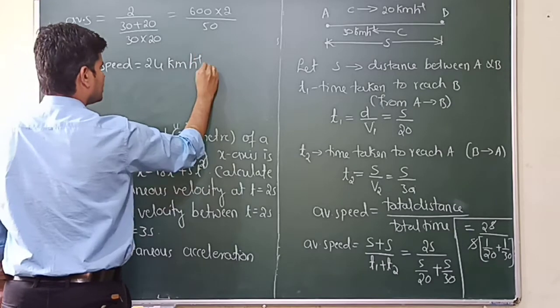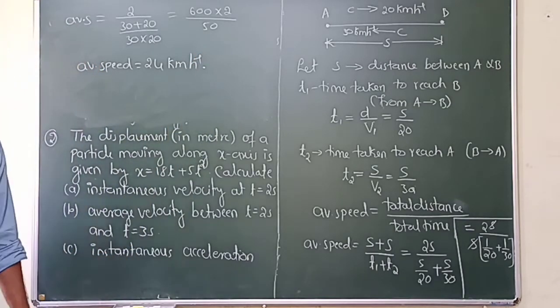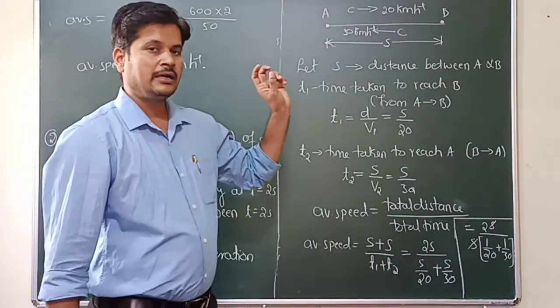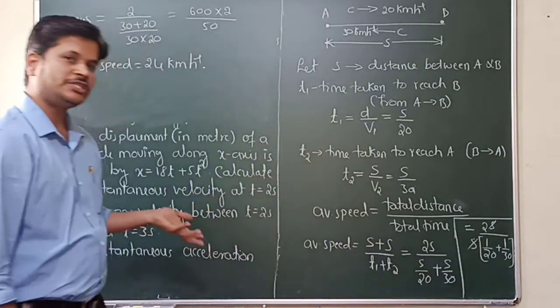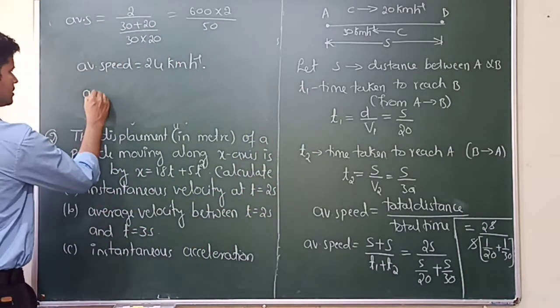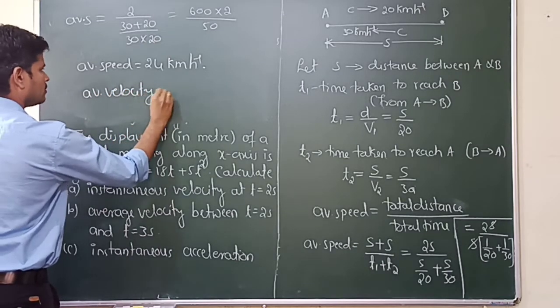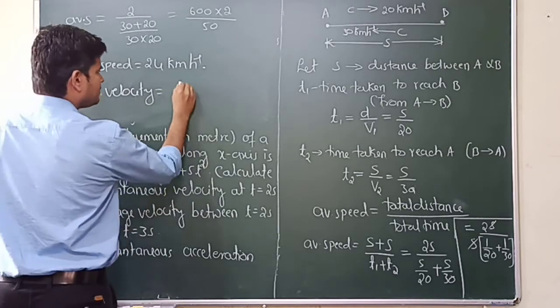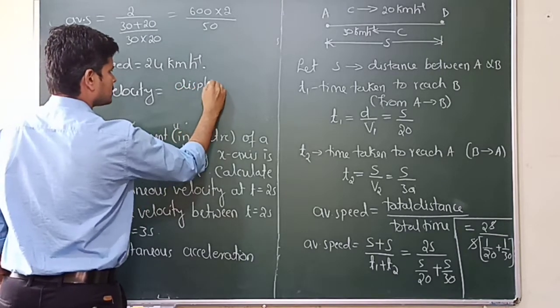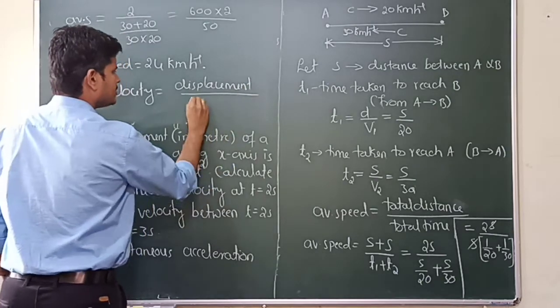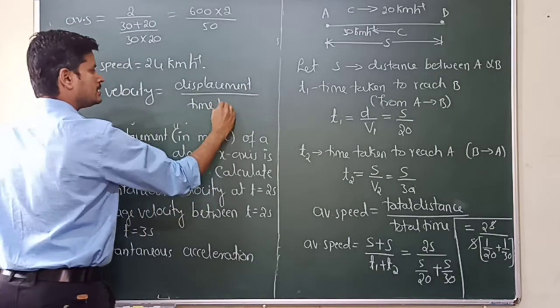kilometer per hour. Correct? And the last thing he asked, second, the average velocity. Average velocity is displacement divided by time taken.